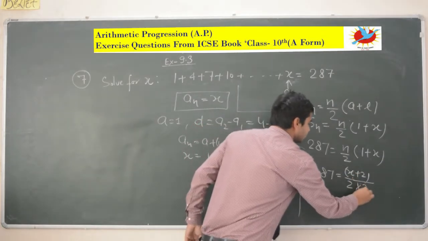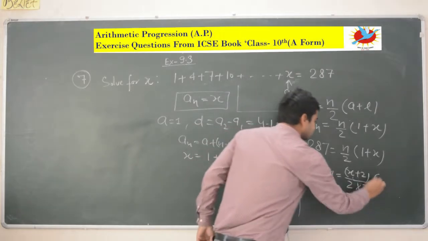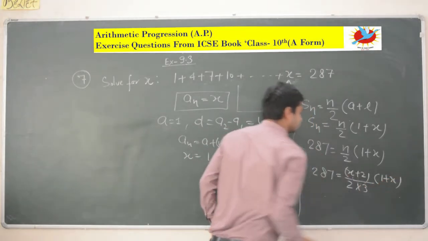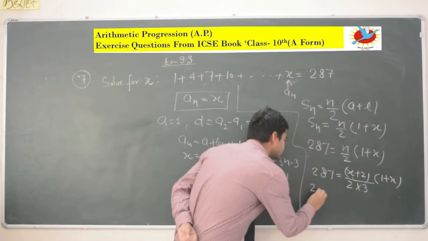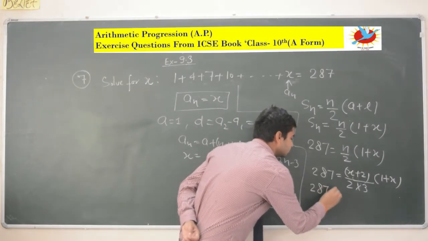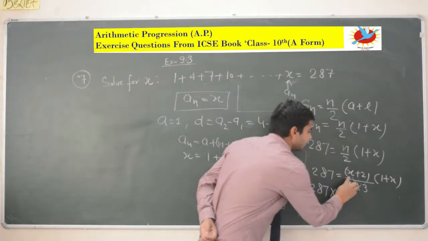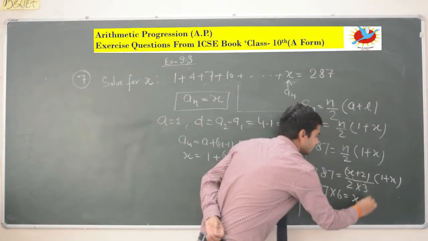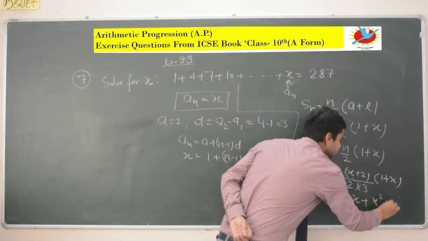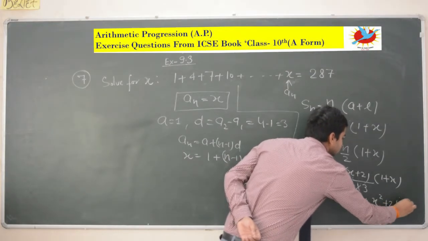So here is one more 3, into 1 plus x. So this will become 2 into 3, 6. So this will be 287 into 6 equal to, multiplying these two terms will make x into 1, x, plus x square plus 2 plus 2x.